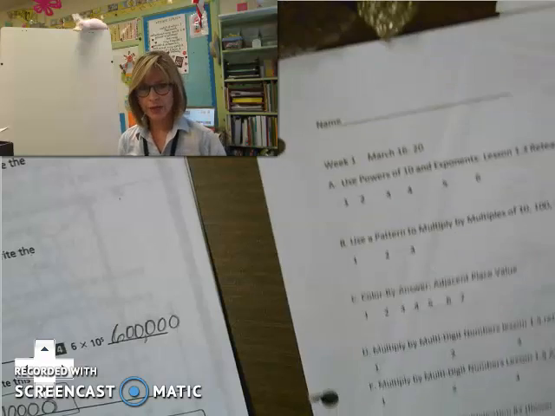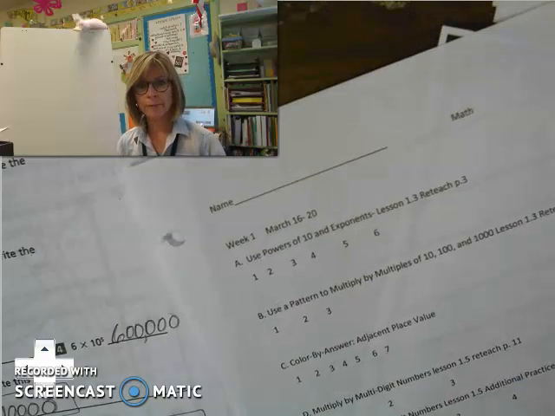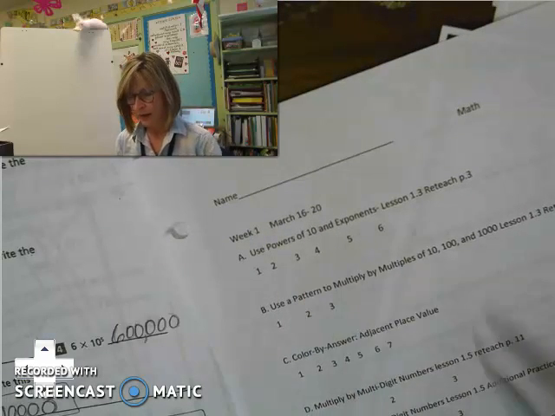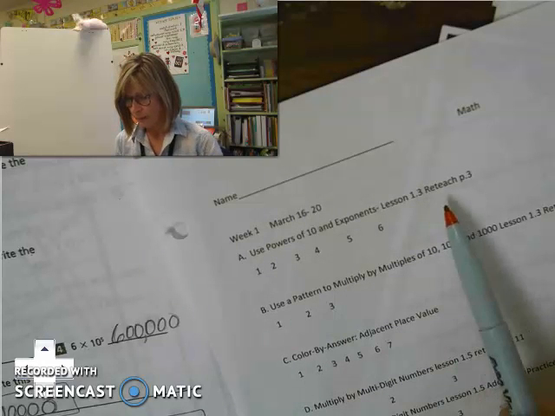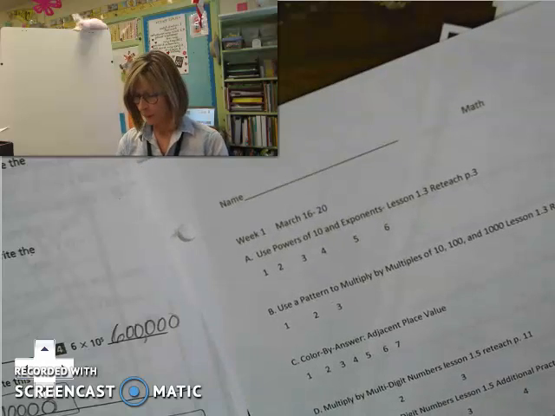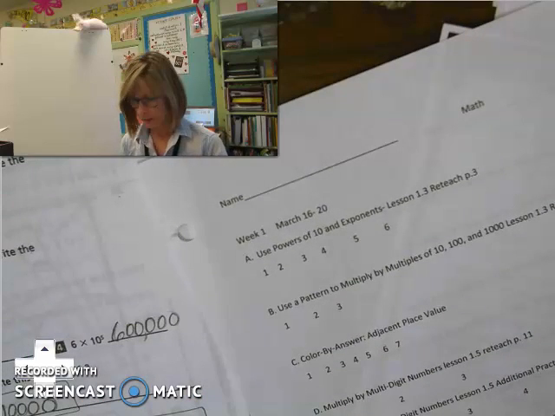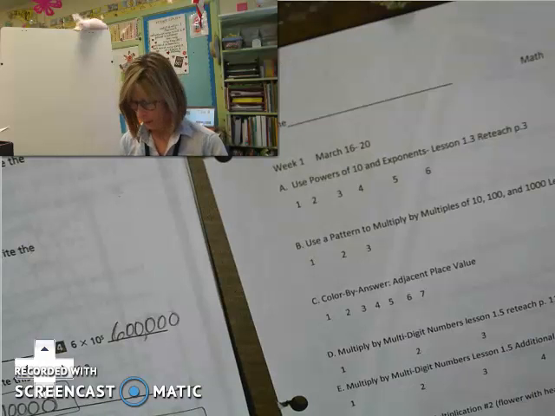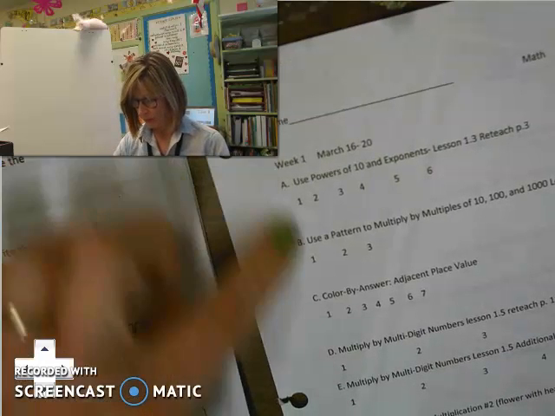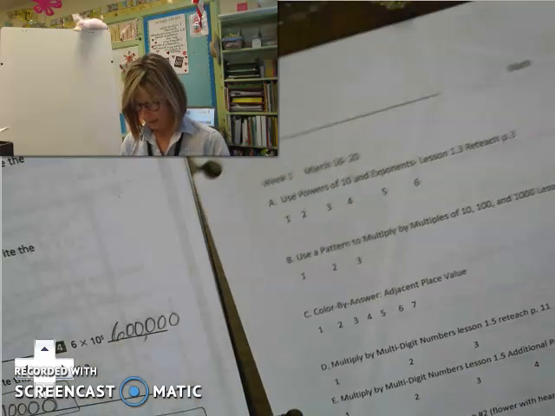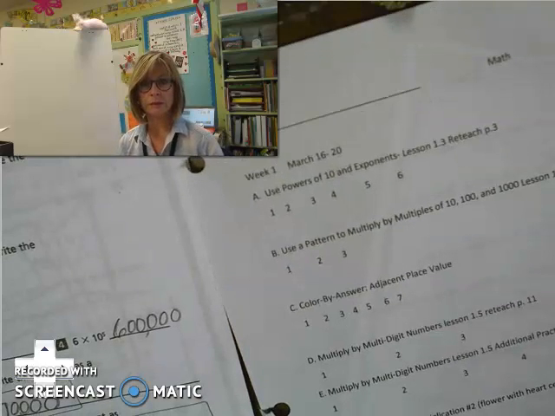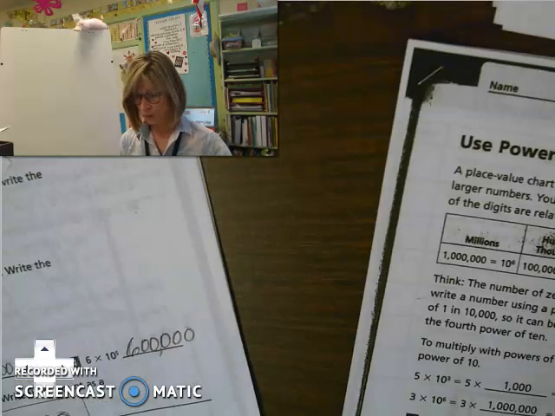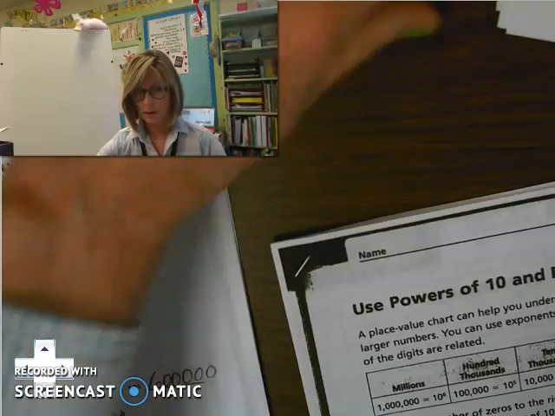As you send me your work, I'm keeping track of how you're doing by grading each of the questions and marking them on this sheet. In week 1, you will have done all of these assignments, and we're going to go over some of those and make sure you know what you're doing.